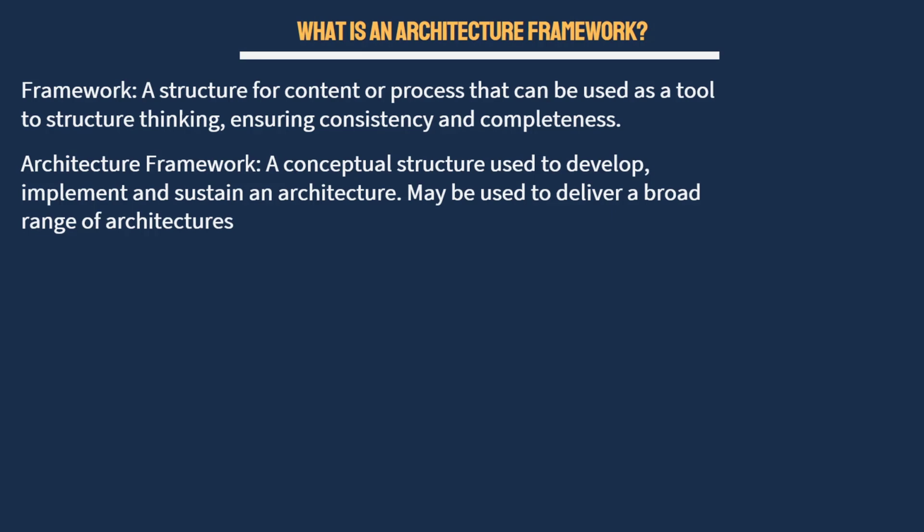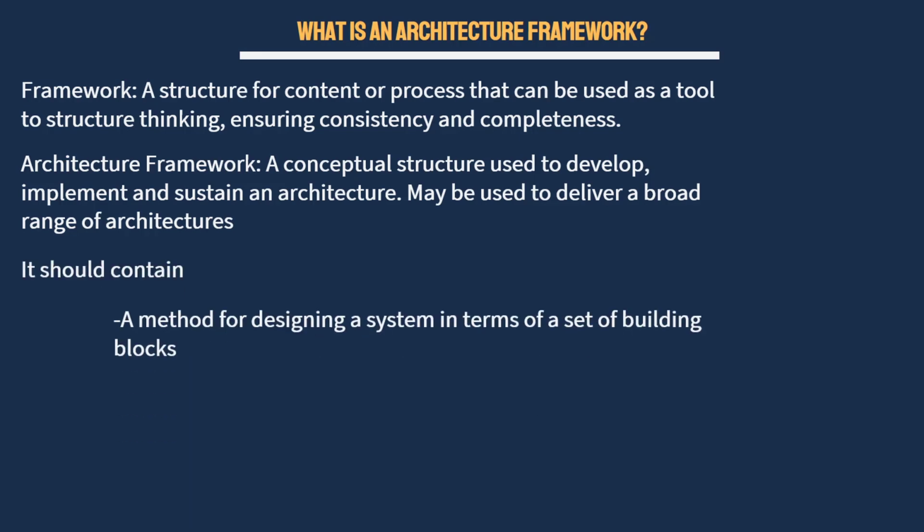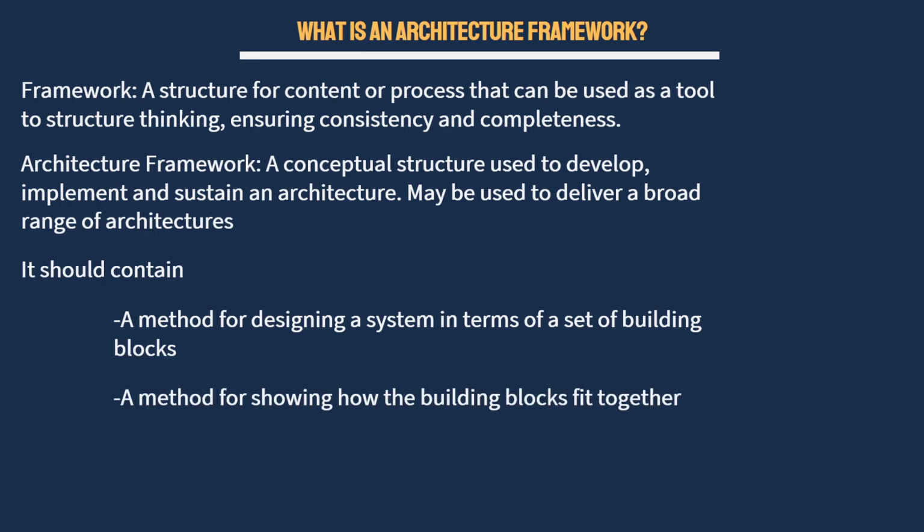It may be used to deliver a broad range of architectures. It should contain a method for designing a system in terms of a set of building blocks, a method for showing how the building blocks fit together, a common vocabulary, and a content framework.